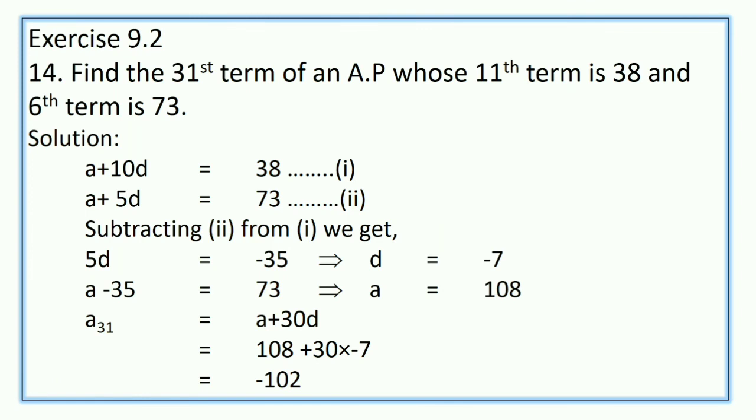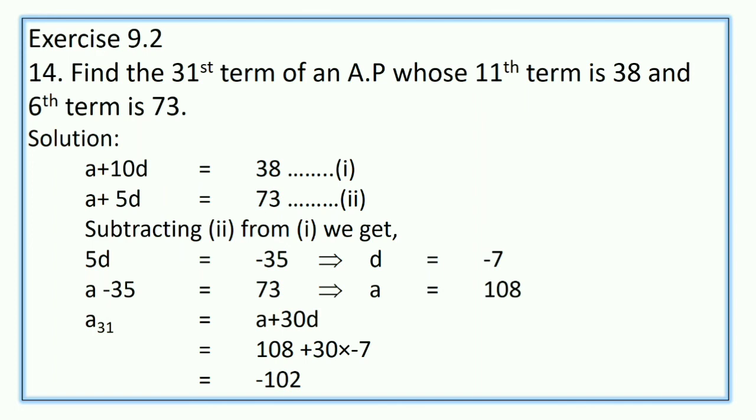Now, question number 14. Find the 31st term of an AP whose 11th term is 38 and 6th term is 73. Here we have the 11th term is 38 and the 6th term is 73. That means we can form two equations: a plus 10d is equal to 38 and a plus 5d is equal to 73.